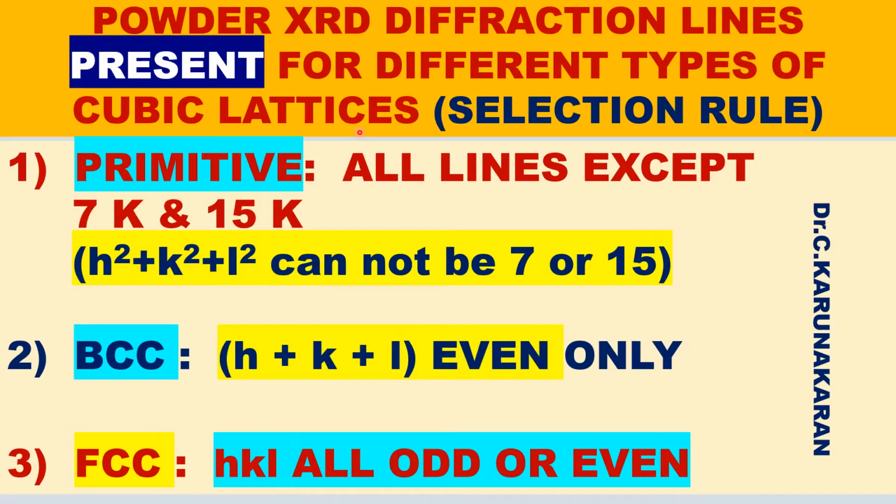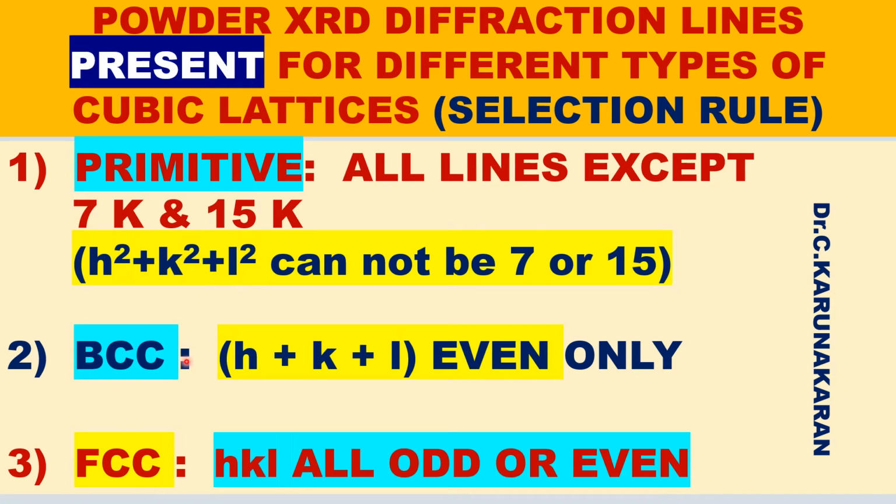Let us now summarize the selection rule for the powder XRD diffraction pattern. For primitive lattice, each line corresponds to one plane. All planes are present, all lines except 7k and 15k. 7k and 15k cannot be obtained because h square plus k square plus l square cannot be 7.